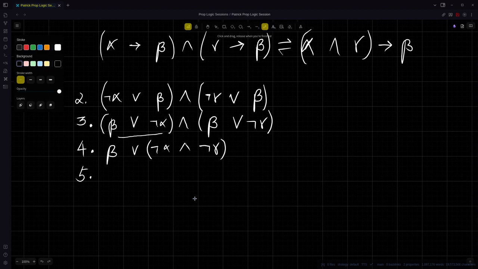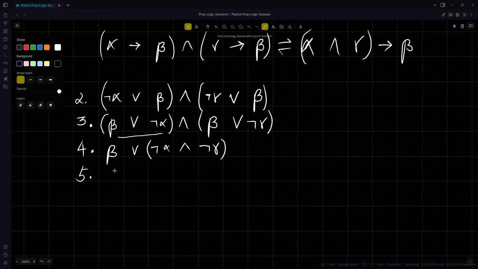Now we can do a material implication, maybe. Yeah, a material implication.